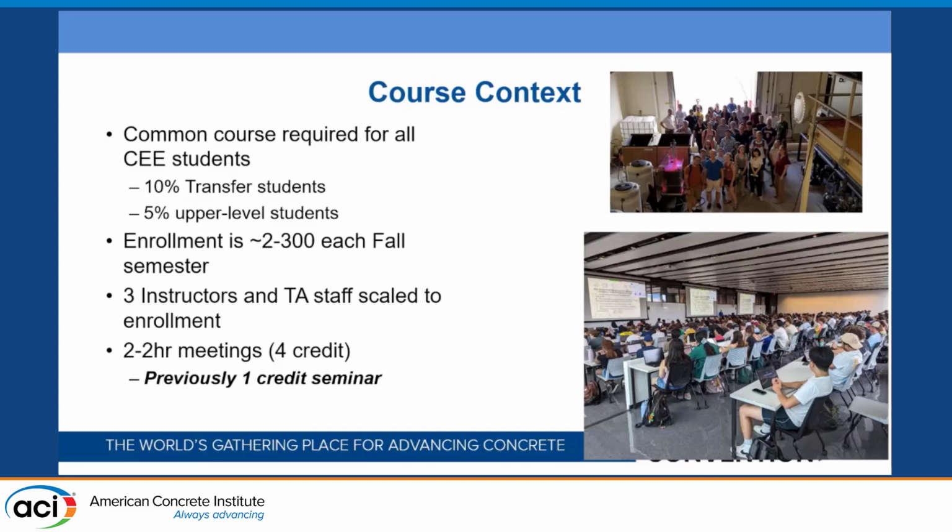Here's my context. This is required for all civil and environmental engineering students, so it's not actually a concrete-focused class. So this has all of our students in it, about 85 to 95% of whom are going to be first year, first semester freshmen.